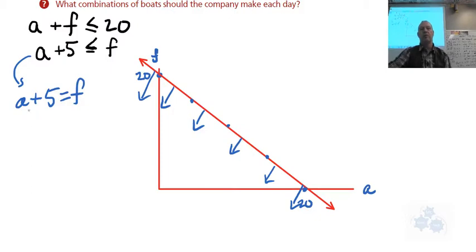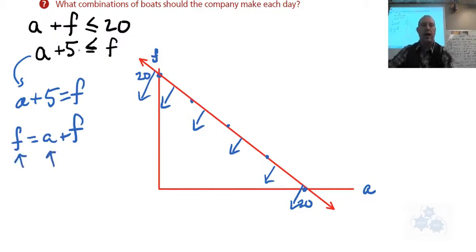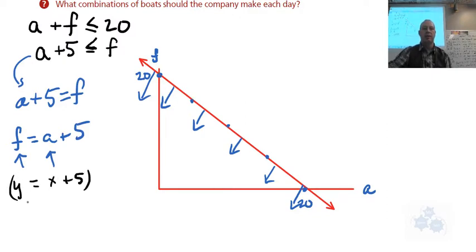So I'm going to write that like this. This is y, and this is x, and I put 5 again. If you're thinking about a line here, F is y and A is x.